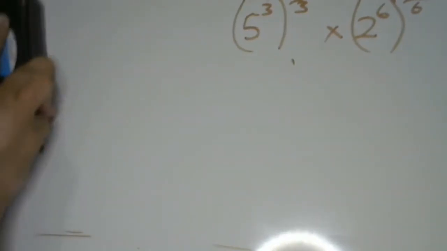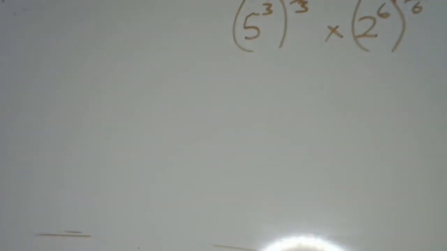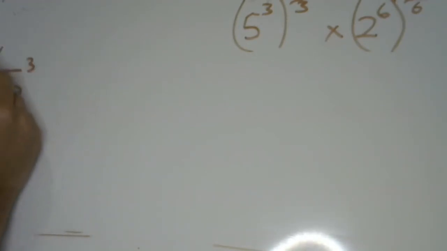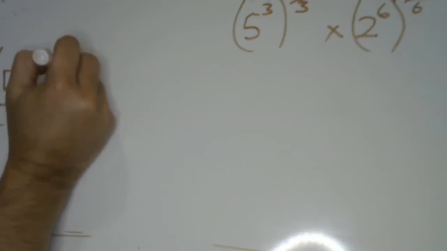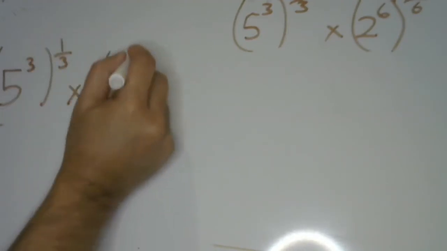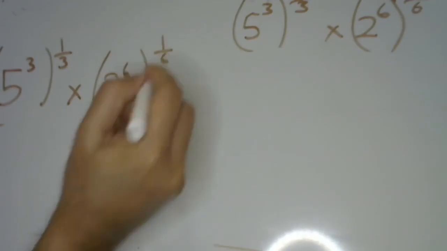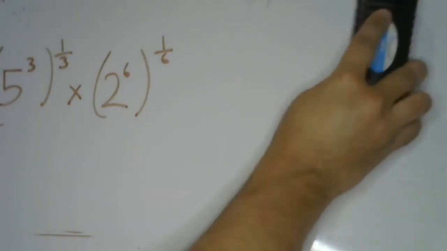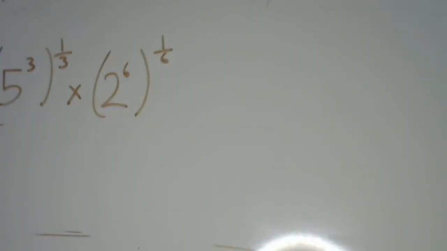So we reduce the problem to 5 cubed to the 1 upon 3 times 2 to the 6 to the 1 upon 6. Now, which rule do you think we need to apply here?